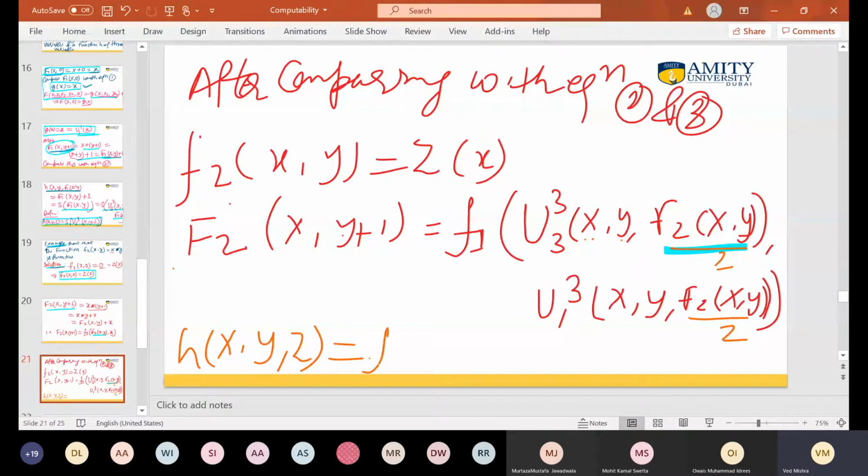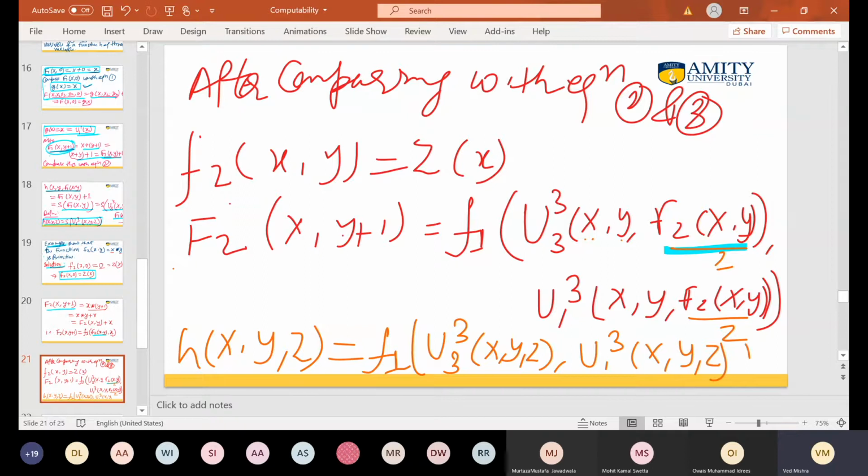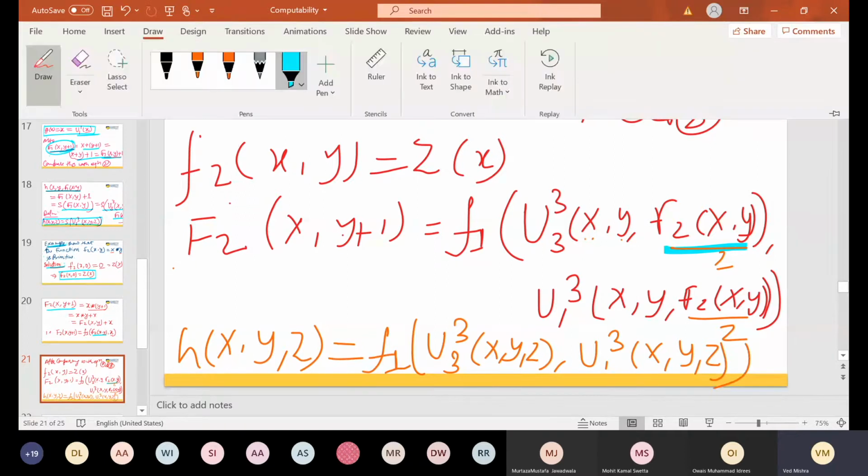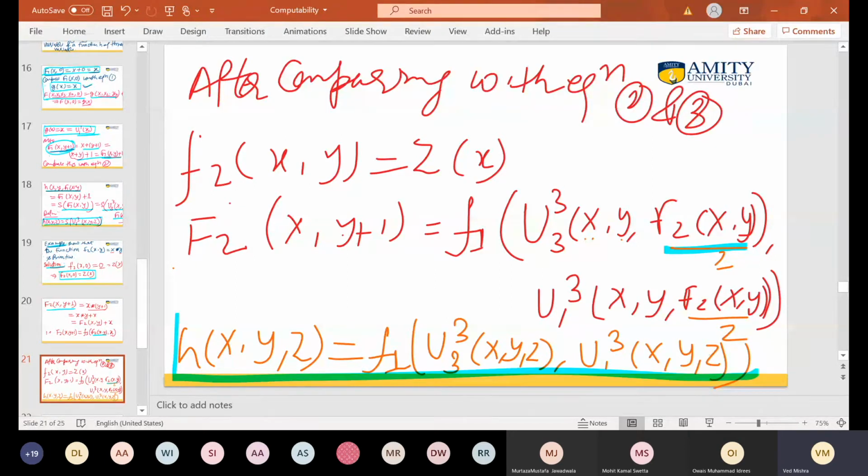So can you write f1 u33 xyz, comma u13 xyz? Your answer is here. Can you write in this form? Anybody is having any confusion? What we did, f2 xy we have considered z.